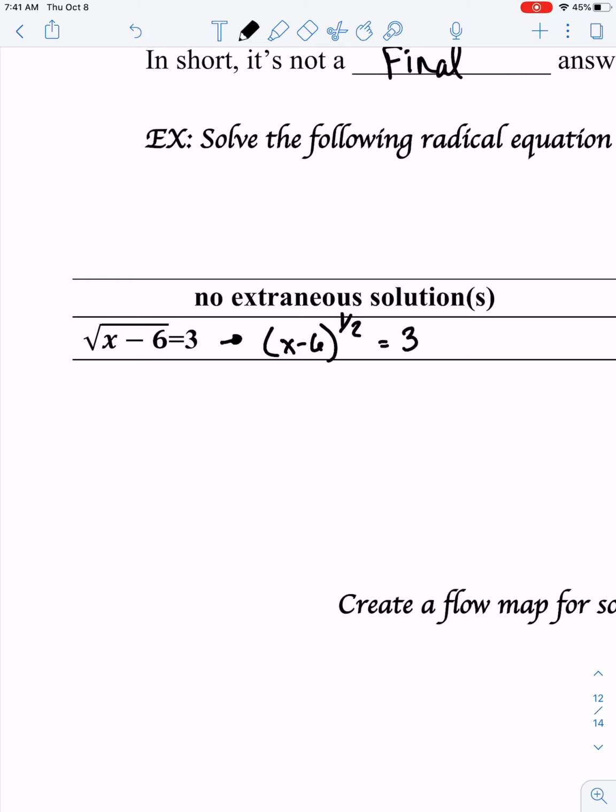So PEMDAS, right? I said to do this, you just do PEMDAS backwards. The first thing we see is parentheses. So I have parentheses, then my exponent.